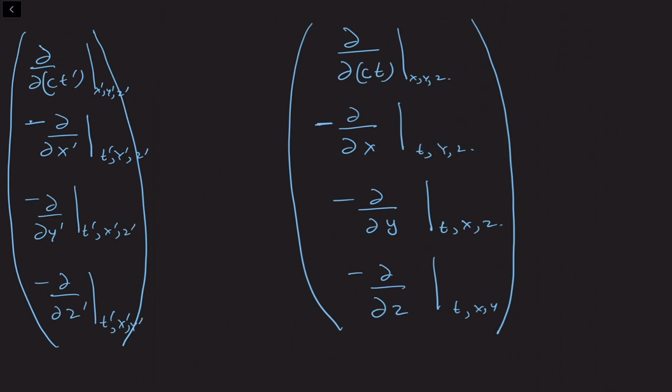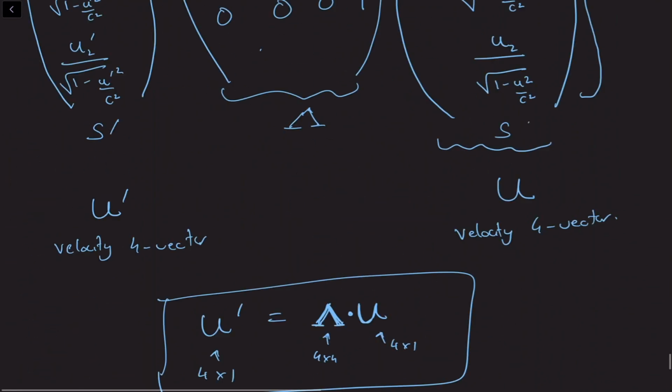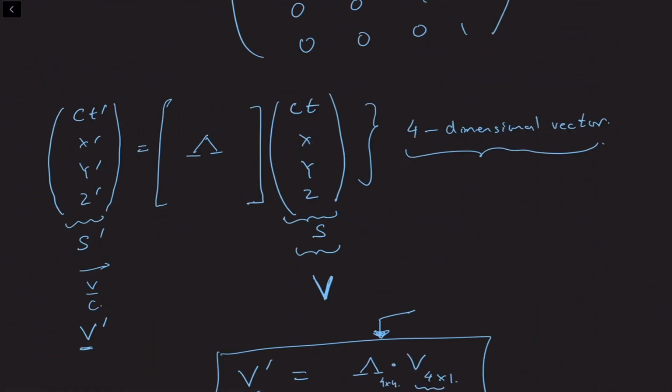So you can find out this transformation law for these partial derivatives again by using the transformation law for space-time coordinates.